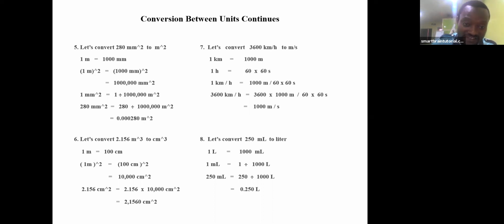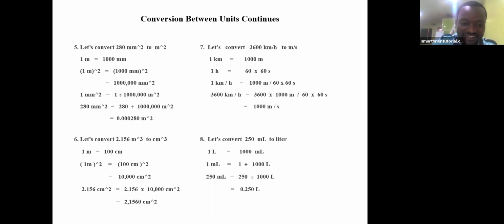When you do that carefully, you start from behind the 0 and move the point 6 places ahead. It will now give you 0.000280 meters squared. Is that clear? Yeah. Beautiful.